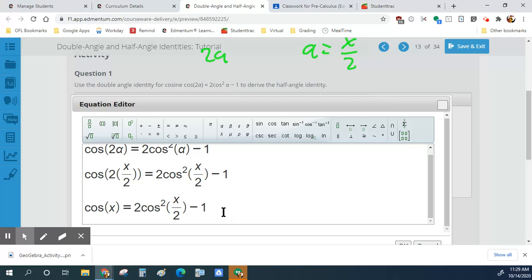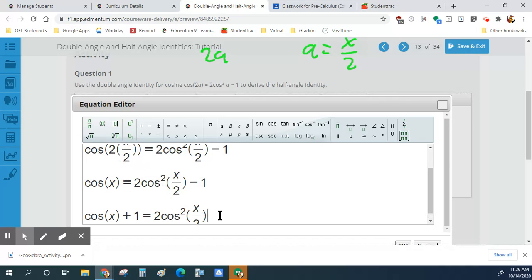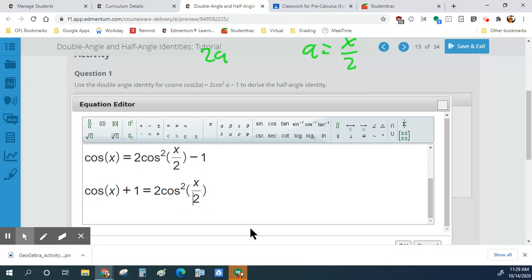So we get that. And again, my goal is to get this cosine x over 2 by itself. So in order to do that, I'm going to have to add that 1 to both sides. I get just this part by itself. Now I want to get rid of this times 2, so I'm going to have to divide the other side by 2.